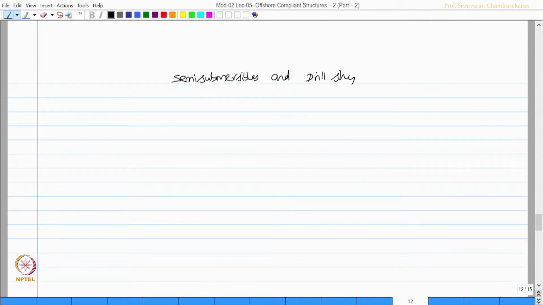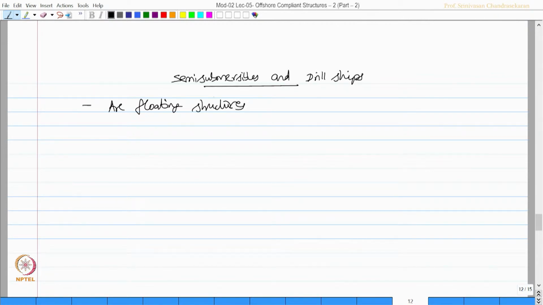The next structural form which was also useful for offshore drilling purposes was semi-submersibles and drill ships. Essentially they are completely floating structures.